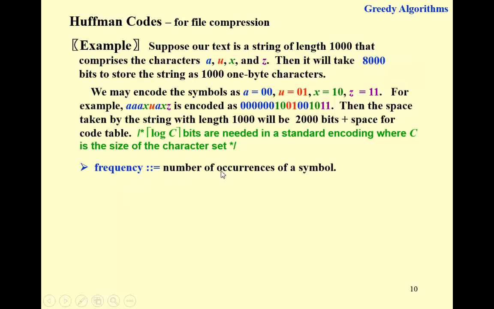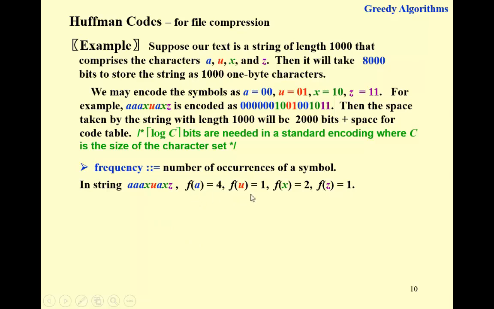That is the number of occurrences of a symbol. So for example, in this string, the frequency of A is 4 because there are 4 A's. All right? And so the frequency for U is 1. For X, we have 2 X's. That is 2. And for Z it is 1.